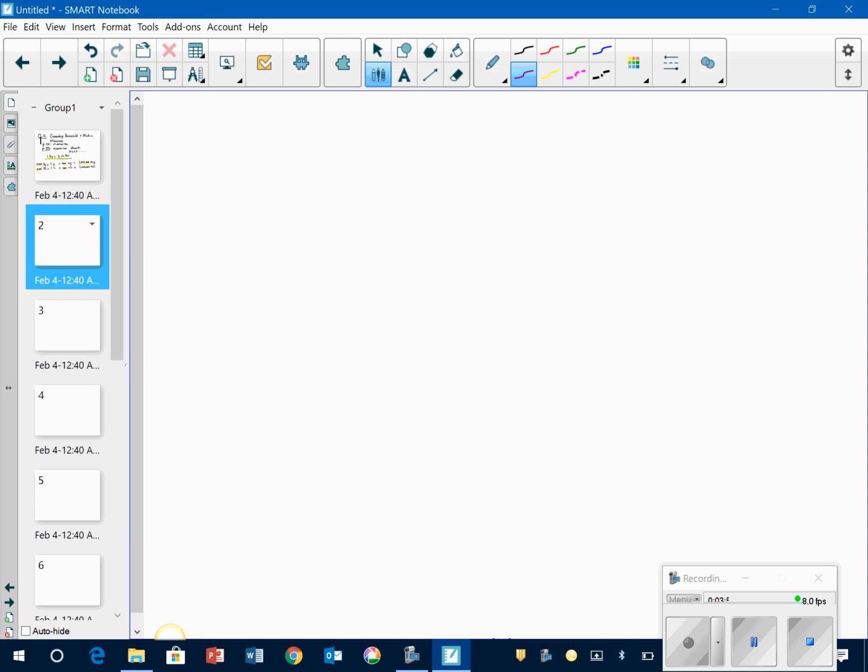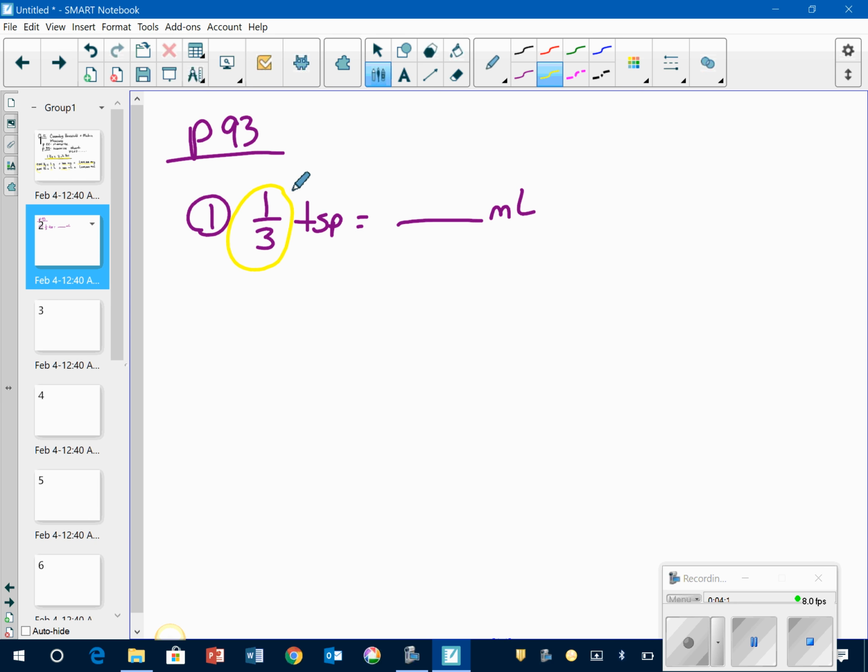Okay, so if you look on page 93, what they're doing is just converting. Number one is asking you to convert 1/3 teaspoon into milliliters. We can't convert this until we put the 1/3 into decimal form.